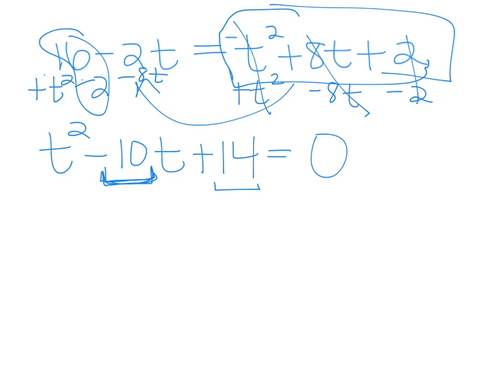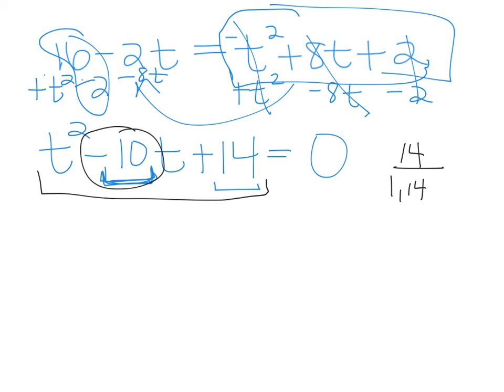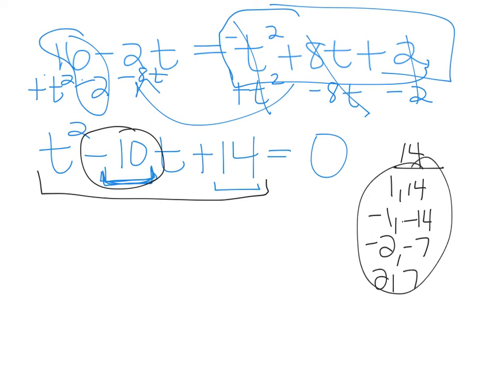So it looks like this is not factorable, because I cannot find 2 numbers that multiply to be 15 but also add to be negative 10. So 1 and 15, negative 1 and negative 15, negative 3 and negative 5, and positive 3 and positive 5. None of these add up to be negative 10.